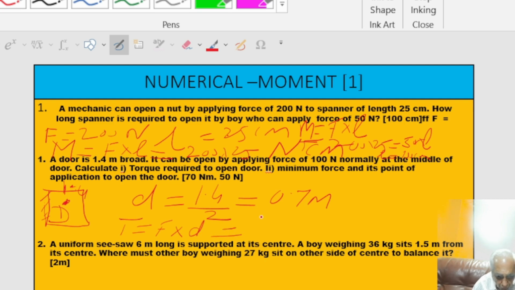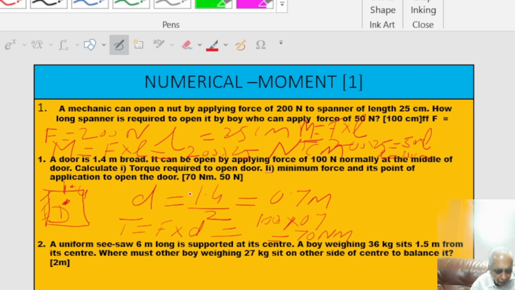So torque required: force is 100 Newton multiplied by d, which is 0.7. That will give me 70 Newton meter. So this is the torque required to open the door.